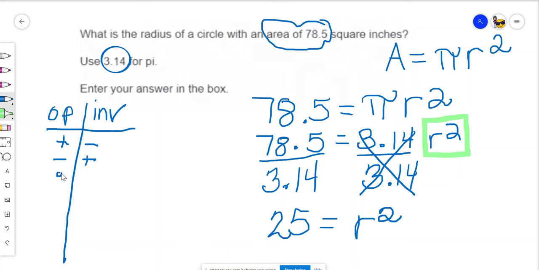If something was multiplied, like just now, we had multiplied and we did the inverse of divide. If something was divided, we did the inverse of multiply. And all of a sudden, we have something new. If something is squared, we need a new inverse.